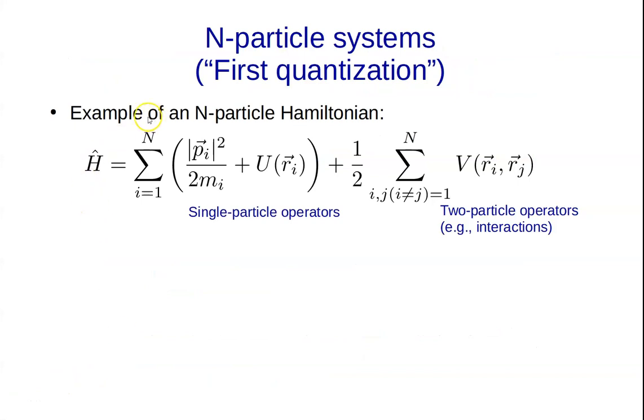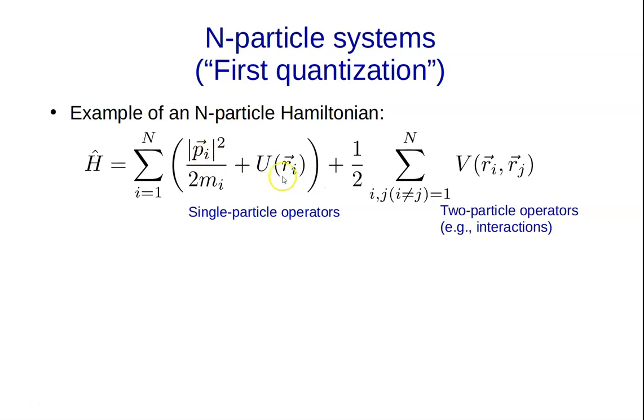So here is an example of an n-particle Hamiltonian. We can write it as a sum of two classes of terms if you want. First come the single particle operators, so it's a sum from i going from 1 to n of a kinetic energy and a potential energy.